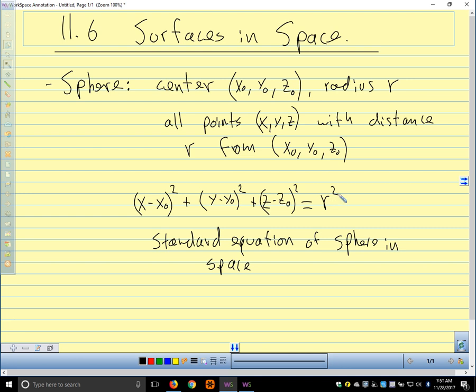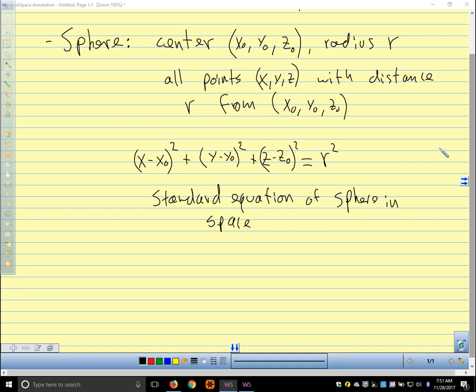We just add one piece for our z coordinate. And we mentioned before that our notions from 2-dimensional geometry still hold in 3-dimensional geometry. Distance formula, we just add a z component. Midpoint formula, we add a z component to find our midpoint.